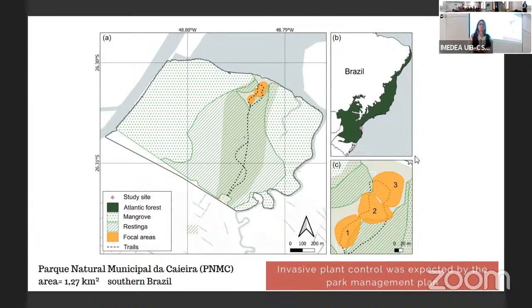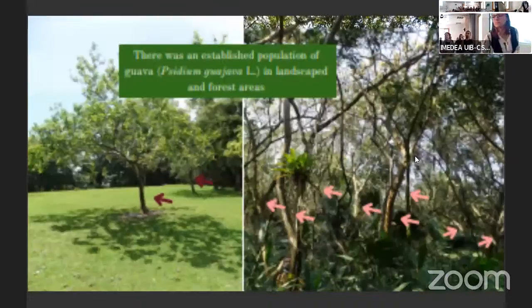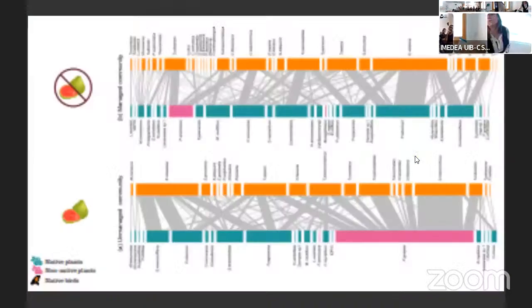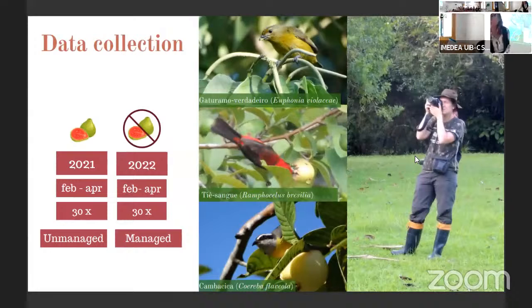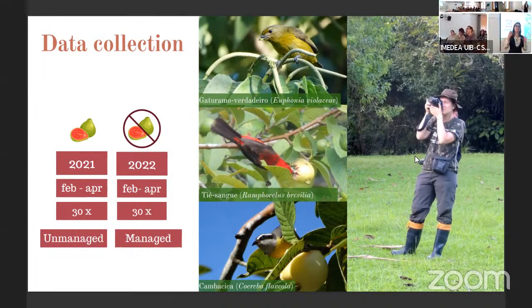So in the networks you show, the number of interactions you measured in each one is equal. Yes, equal. The data collection was not on focal species, it was time on the trails looking at all these interactions, always with two observers.